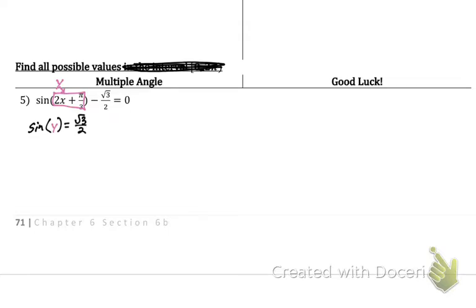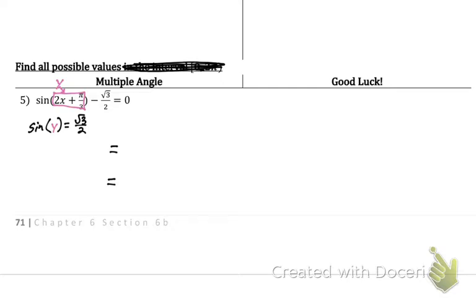In other words, I'm just asking where does sine equal square root of 3 over 2, and it should feel like you're doing something right because square root of 3 over 2 is on your unit circle. That should feel good, that we know that this is something that exists on our unit circle. I'm just going to put 2 equal signs, just floating there for right now.